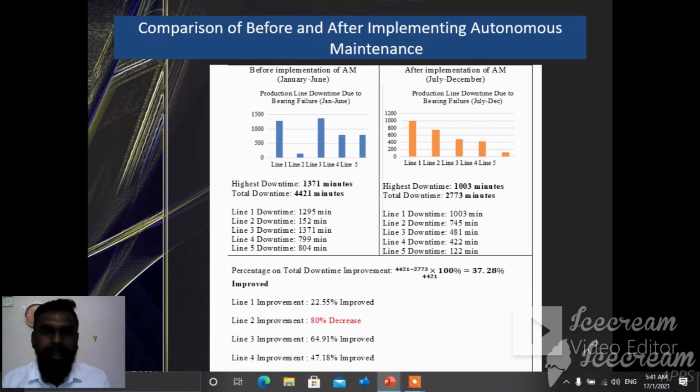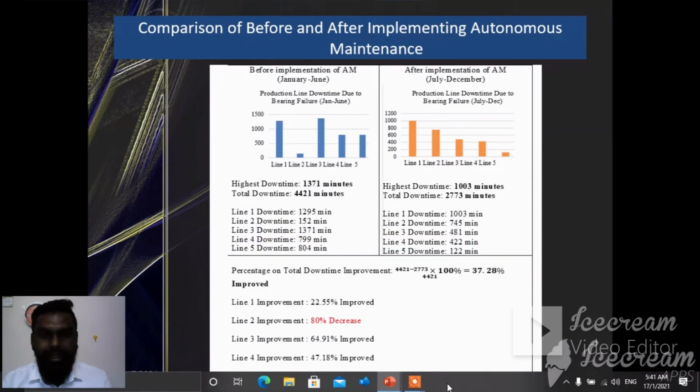Okay, I calculated the percentage of the total downtime improvement. I took the total downtime before minus the total after, times 100, divided by the total downtime before. This equals 37.28% improved.